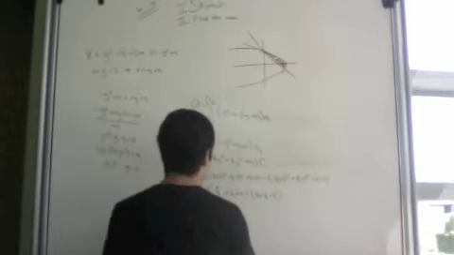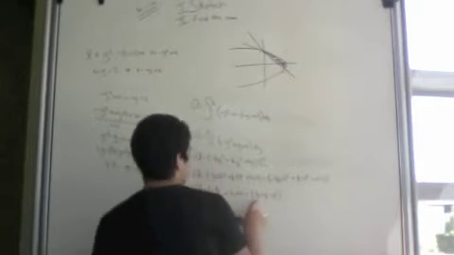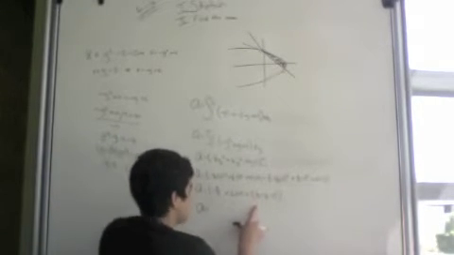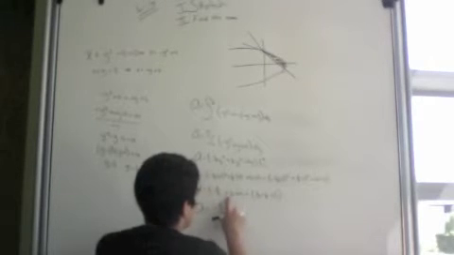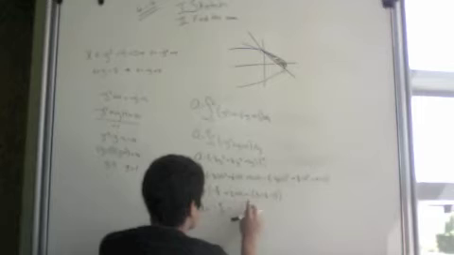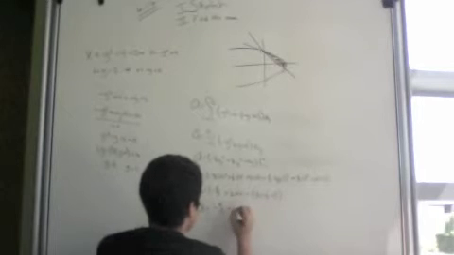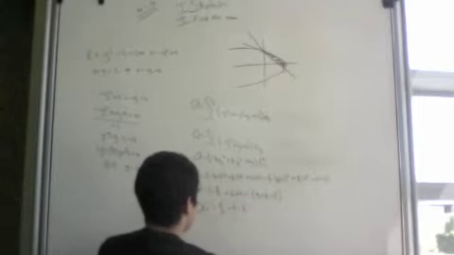And if we keep simplifying, negative 8/3 minus 1/3 is negative 9/3. 2 plus 4 is 6, plus 2 is 8, minus 1/2.